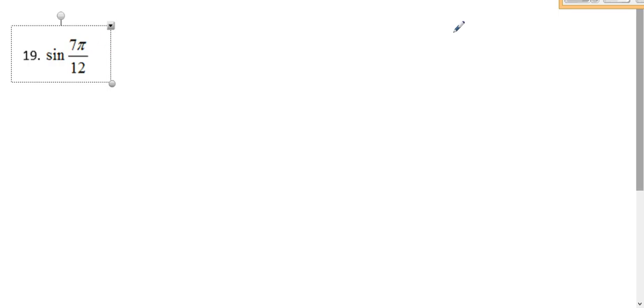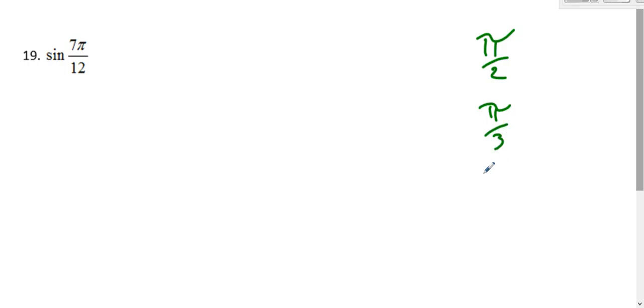So when they are in radians, I like to take all the angles that we know, like pi over 2, pi over 3, pi over 4, pi over 6, and make them all be over 12.